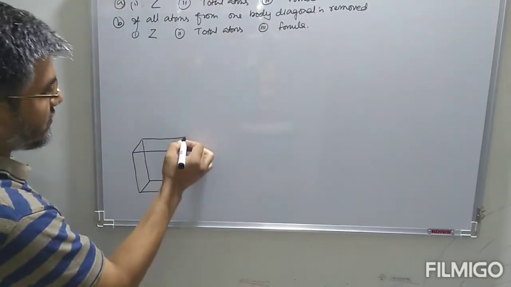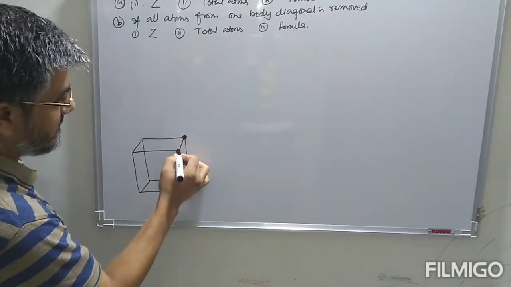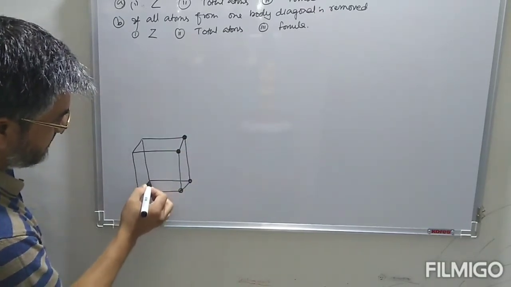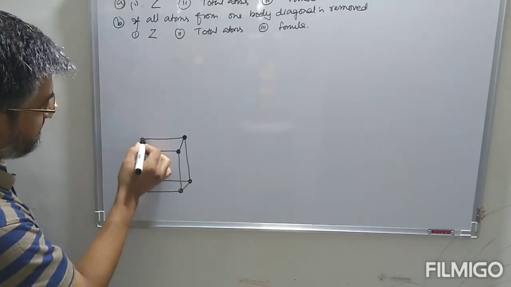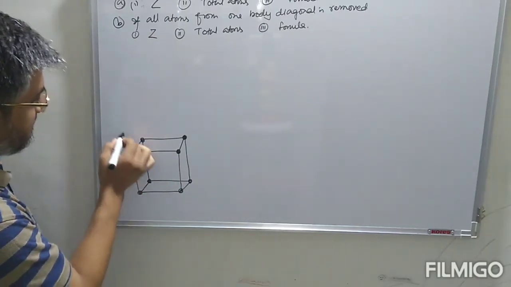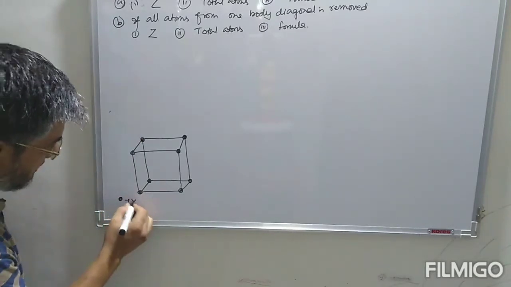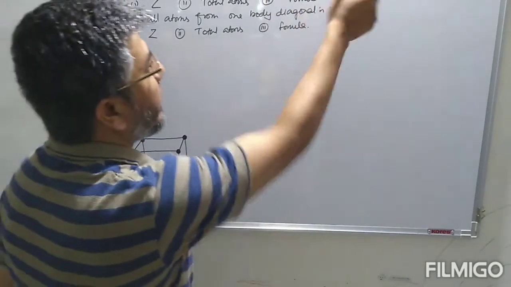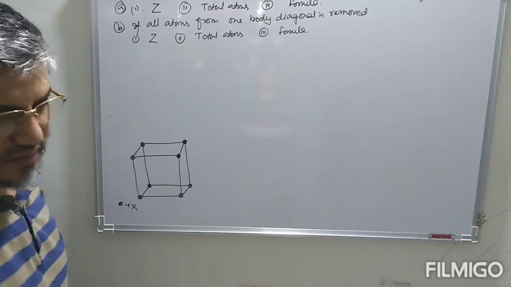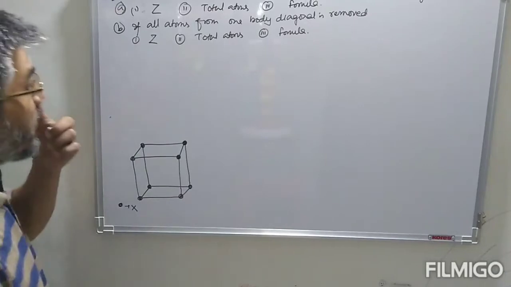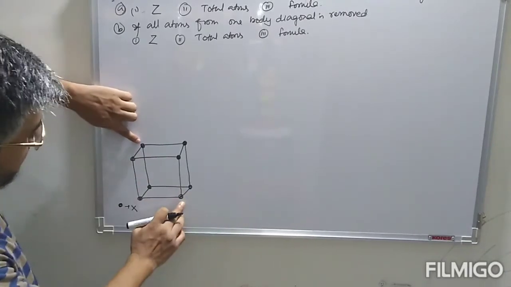X occupies the corners, so we have X occupying the corners of the cube. So this is your X. Then we have two Y atoms at each body diagonal. Now let's see how many body diagonals are present in a cube. In a cube, look at this. This is one body diagonal.